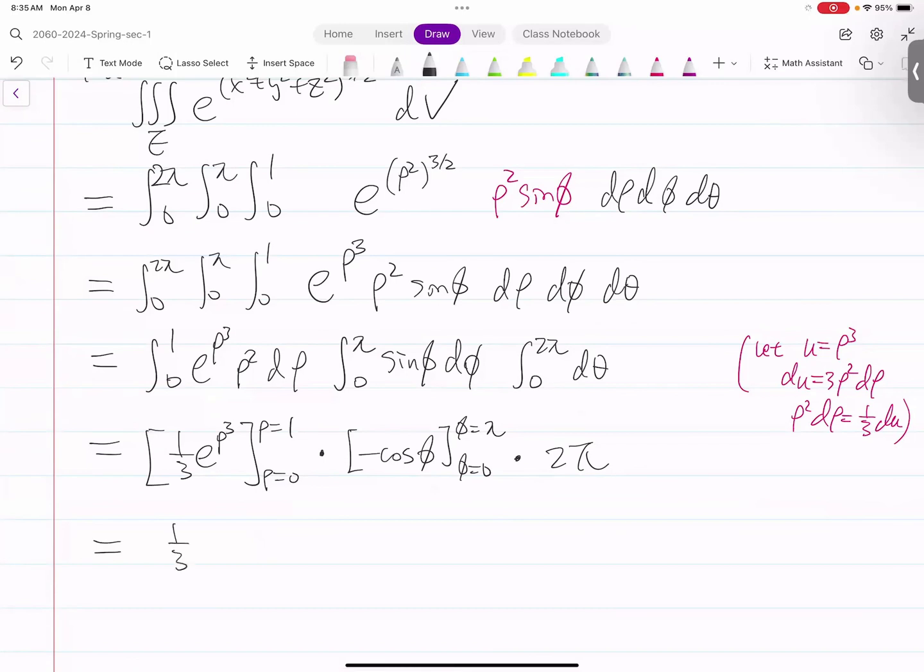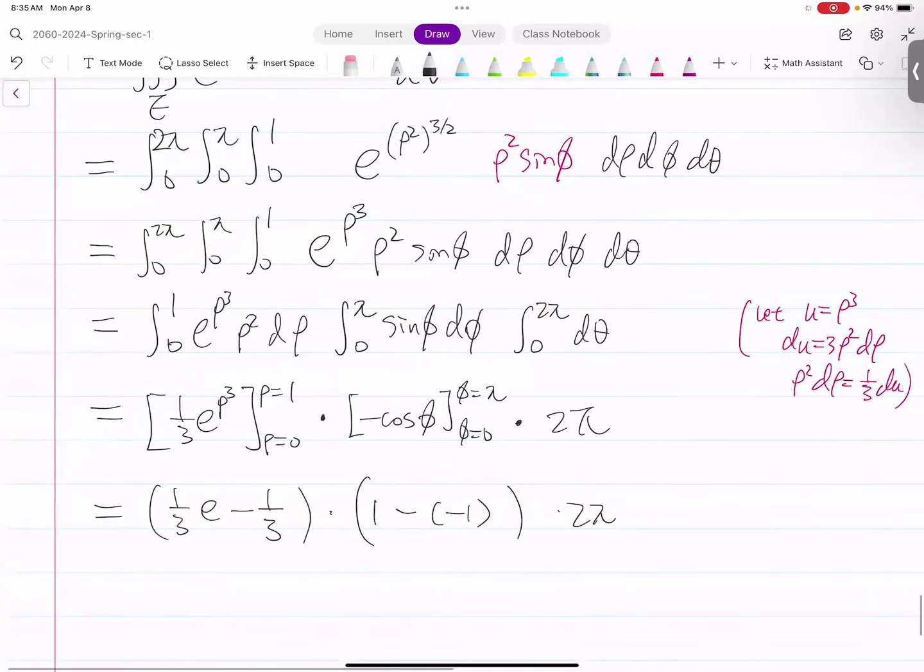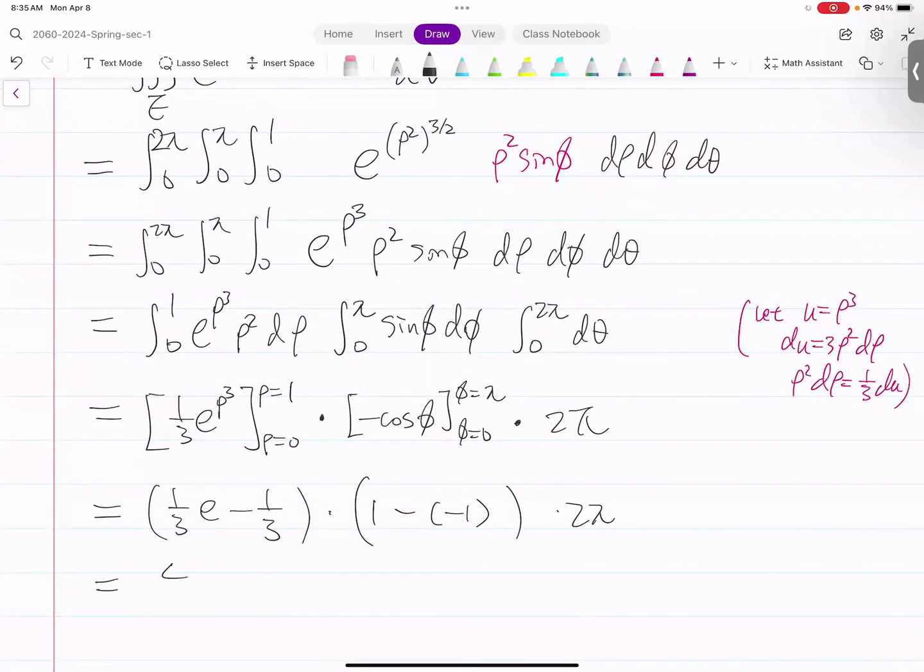So we have 1/3 e minus 1/3 e to the 0, which is 1. And then negative cosine of pi is 1, minus negative cosine of 0, which is just 1. So essentially 4/3 e minus 1.